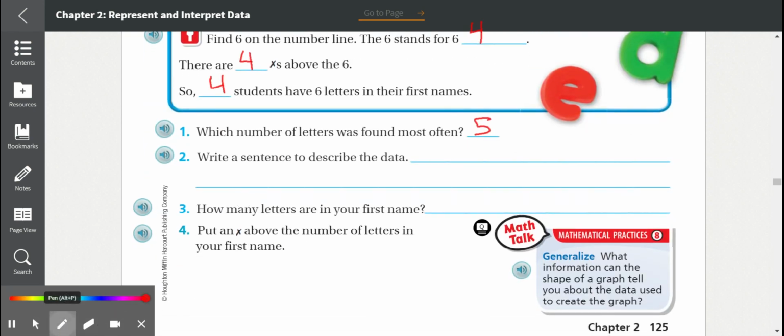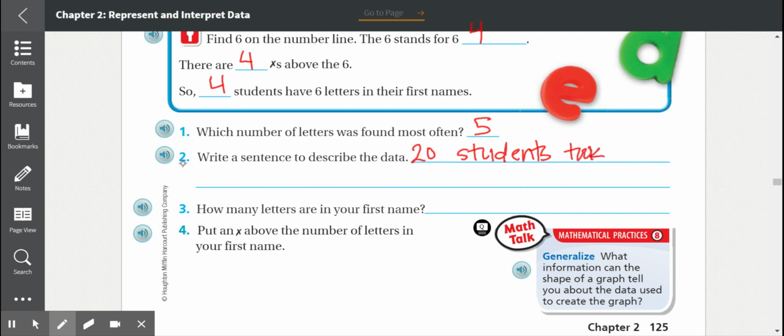So we could say something like 20 students took the survey. There's lots of different kinds of questions you could ask about this data.